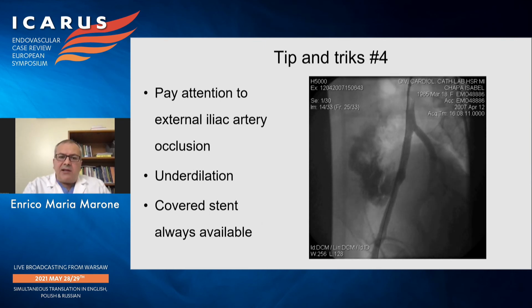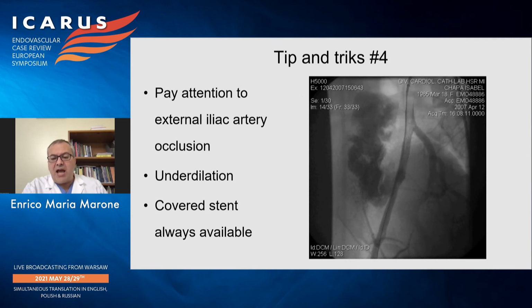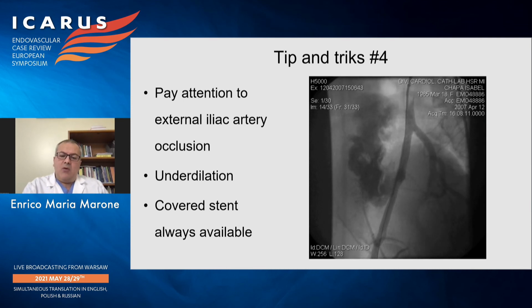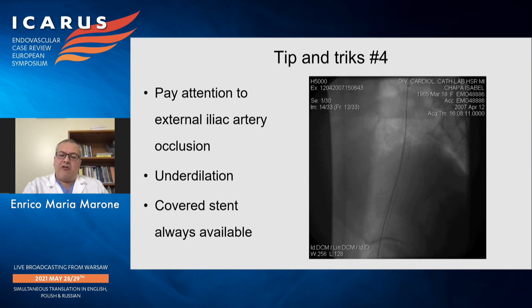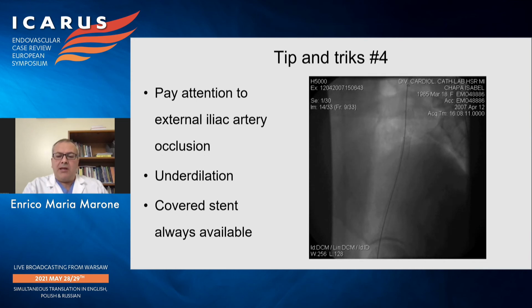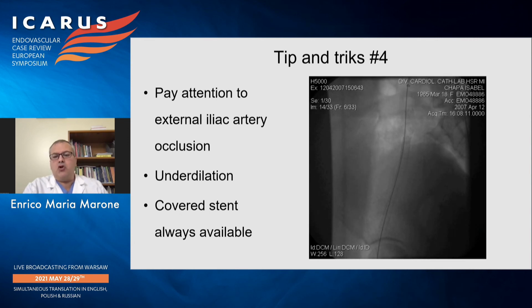The last suggestion is to pay attention to the external iliac artery occlusion. The external iliac artery is a fragile artery compared to the common one. And when we treat a chronic occlusion of the external iliac artery, we must avoid overdilatation. It's better to underdilate the iliac artery to avoid rupture of the artery.